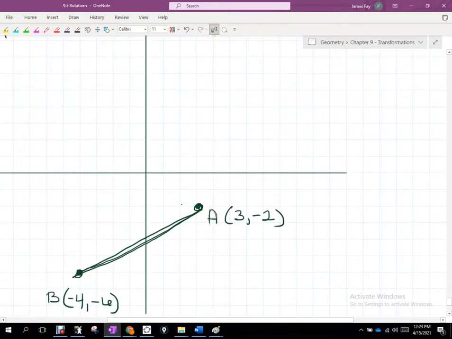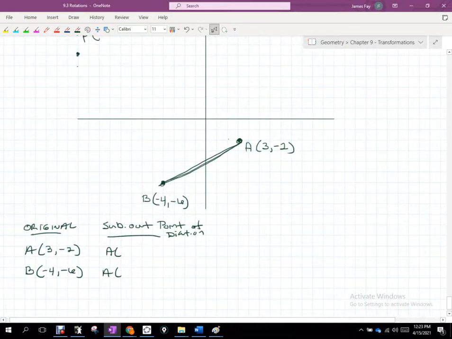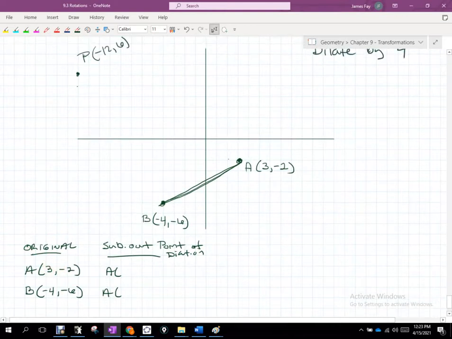So when we come down to our example, original minus the point of dilation, it's going to be 3 minus -12. What's 3 minus -12? 15. What's -2 minus 6? -8, right?